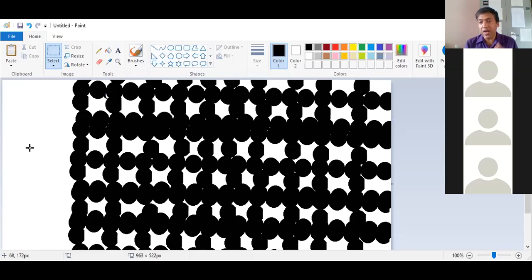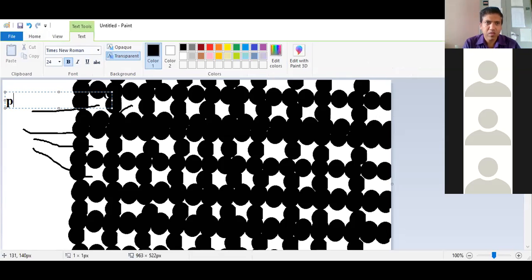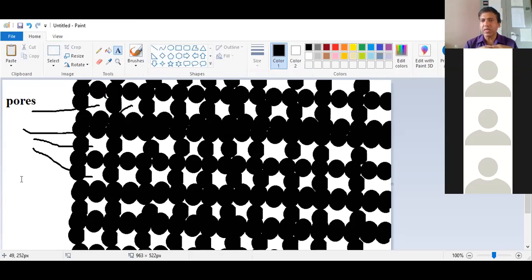Now in this network-like structure, let me make it bigger. These spaces are called pores. The size of the pore depends upon the percentage of the gel. If you are taking a higher percentage, the pore size will be smaller.